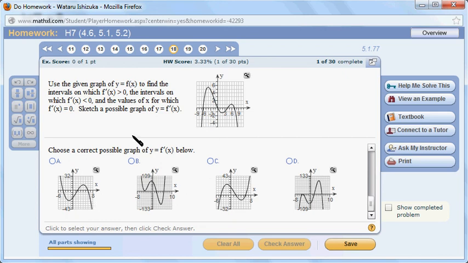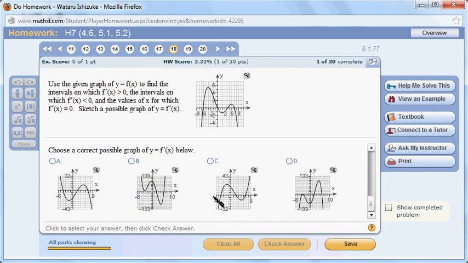We also know that the derivative is positive on this interval, so it has to be positive here. So here you have a positive, and after that a negative here, and a positive here, and negative here. So this is promising, right? Remember that the derivative is negative between -4 and 2. Since this one is above the axis, it can't be it. Here the derivative has to be positive on the interval from negative infinity to -4.